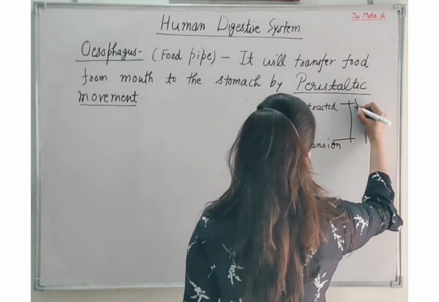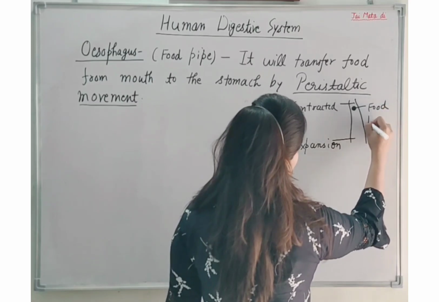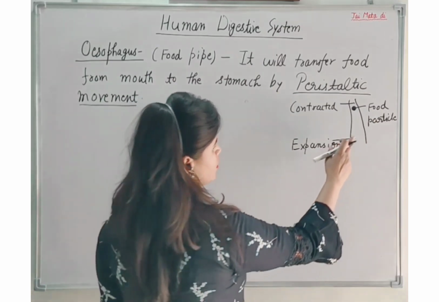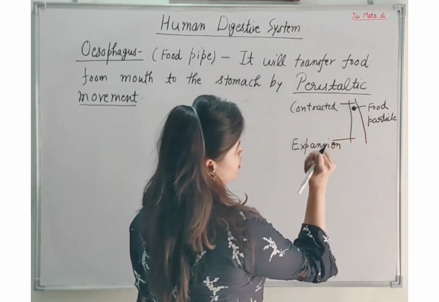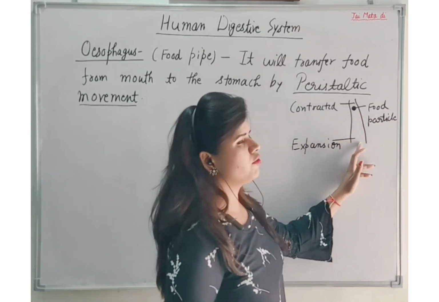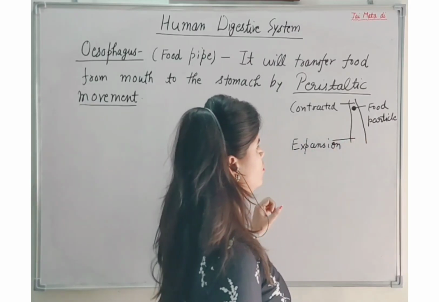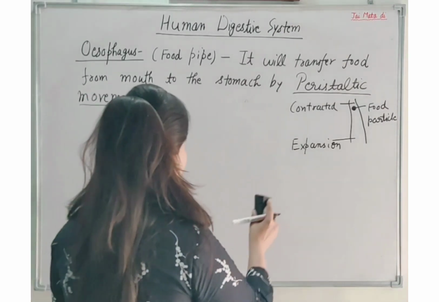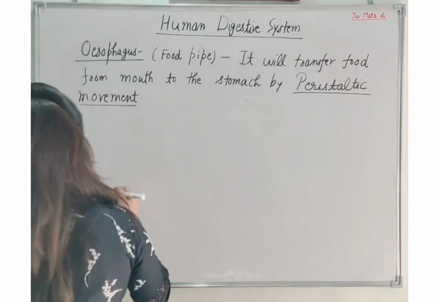So whenever any food particle enters the food pipe, this one is the food particle, it will move down in this pipe and slowly come downside, and then finally this food pipe will expand, and finally this food will go into the stomach. So this kind of movement is known as peristaltic movement. Okay. So this is the function of the oesophagus.